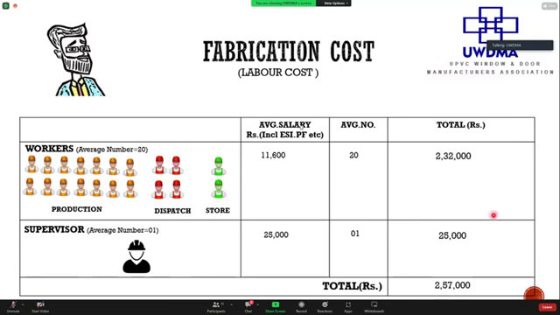So the total salary comes to 2,57,000. You can change this according to the salaries you are paying, and the number of workers in your factory.